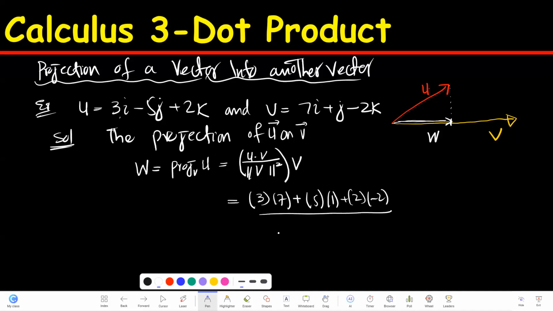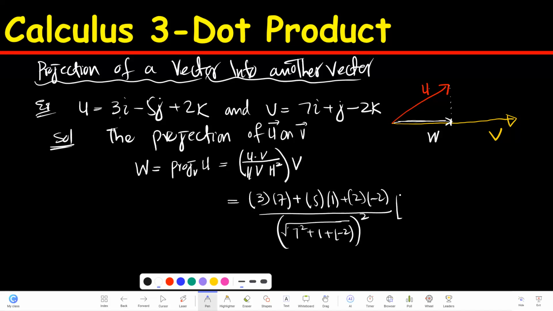So I'm going to take V and then the square root of its magnitude: the square root of 7 squared plus 1 plus minus 2 squared, and then the whole thing squared. Make sure you take the square root before canceling out. You cannot cancel this square with this, because there is a magnitude here. You have to take the magnitude and then take the square root.